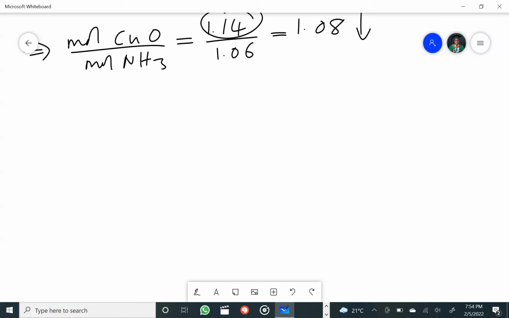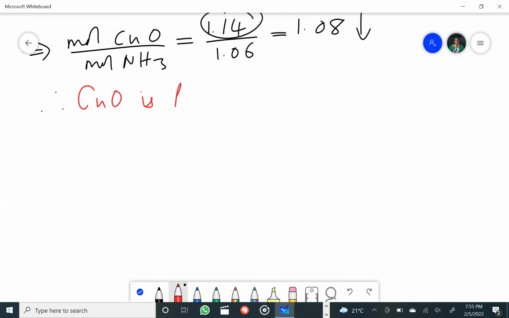Since we now know that copper 2 oxide is the limiting reagent, we are going to use the moles of copper and the mole ratio between the copper and the nitrogen, which is the product of interest, since we are finding the amount of nitrogen produced. First, you want to state that copper 2 oxide is the limiting reactant, since the question was asking.